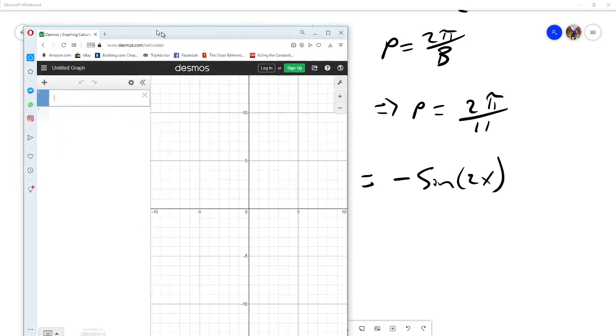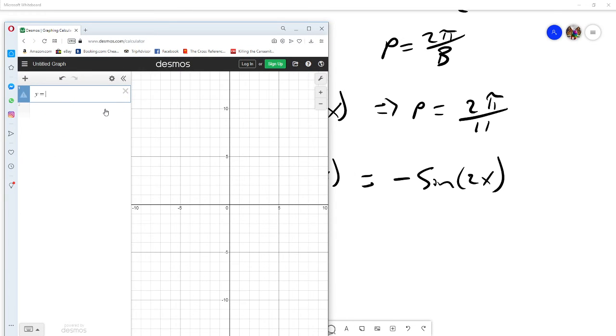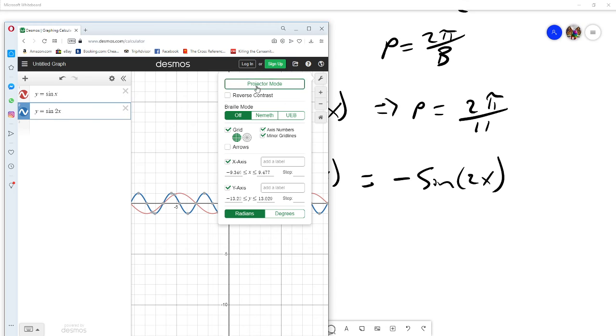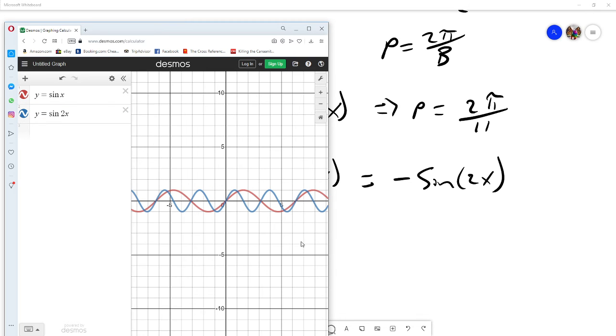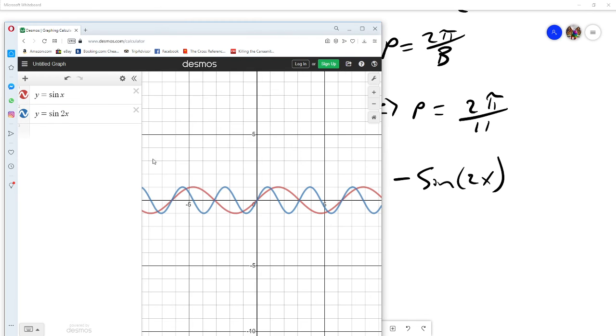See what that does for us. So we have y equals sine x, y equals sine of 2x. So we can see our horizontal compression here. Let's get our projector mode on. See that a little better, nice and bold.